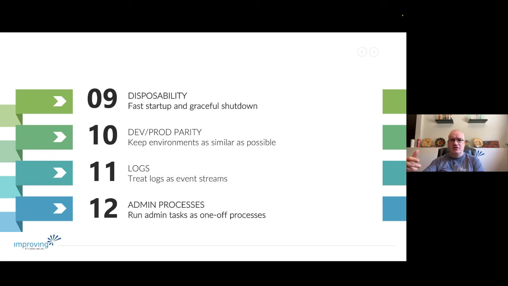And when catastrophe happens and one gets spun down where it wasn't controlled, they gracefully handle how to deal with whatever state or whatever information may have been lost as part of that shutdown. Okay, dev prod parity.